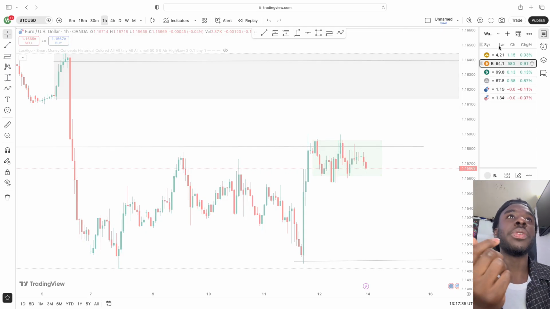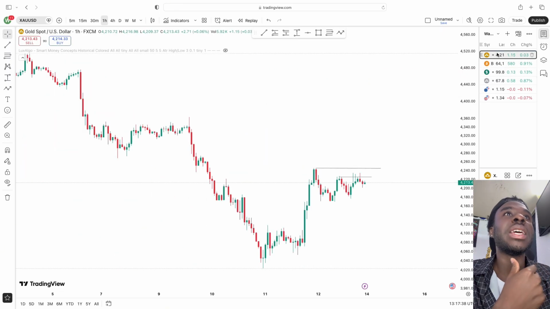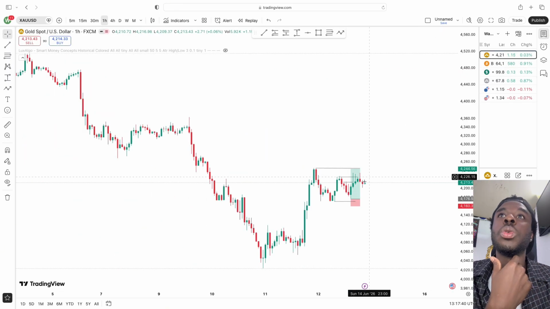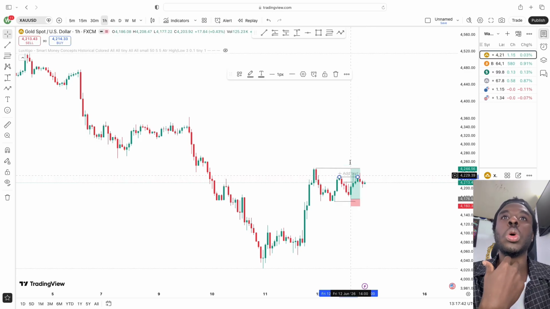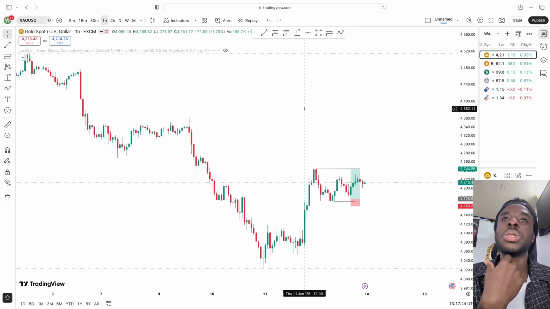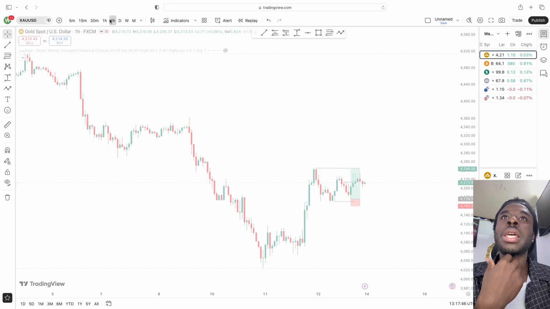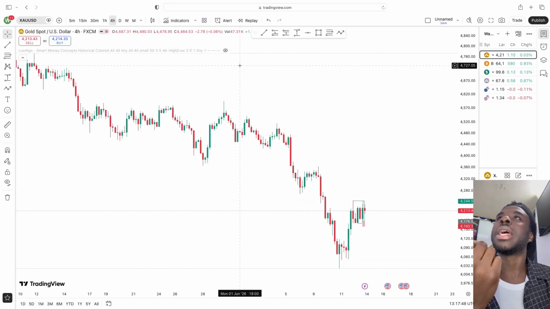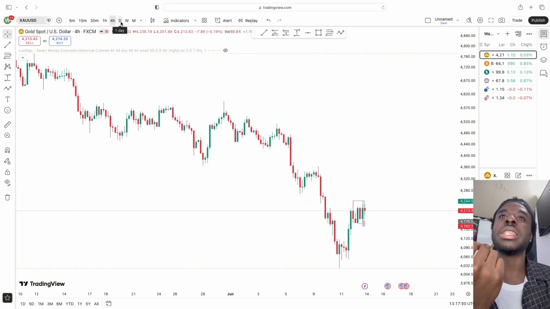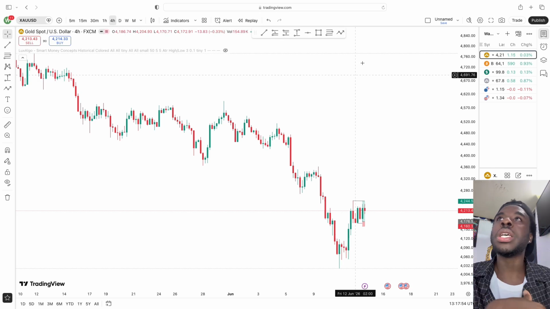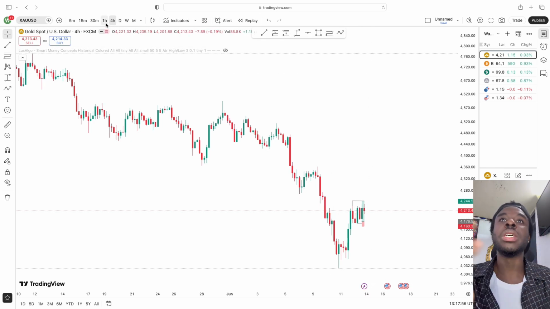So I've basically analyzed Euro USD for you, and let's quickly analyze gold, because we trade gold. Same thing is happening. If you are an experienced trader, you can see that Euro USD, gold, silver, they do the same thing.